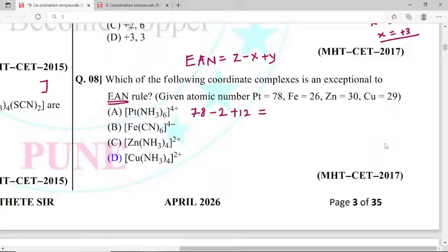So 78 minus 2 is 76, and then 86 I think. Okay.